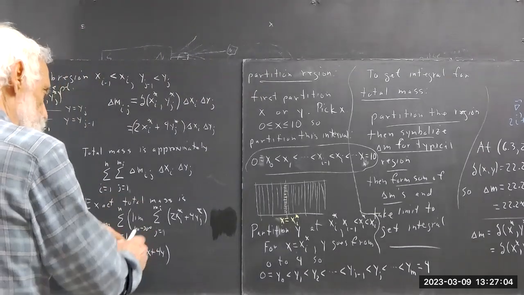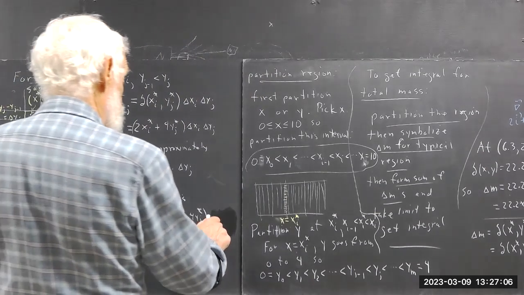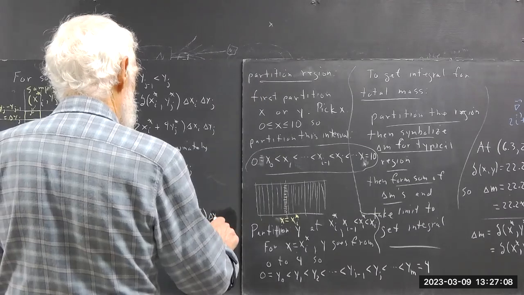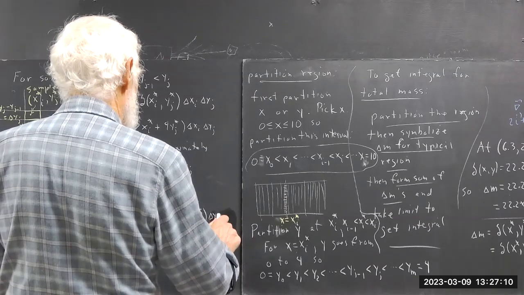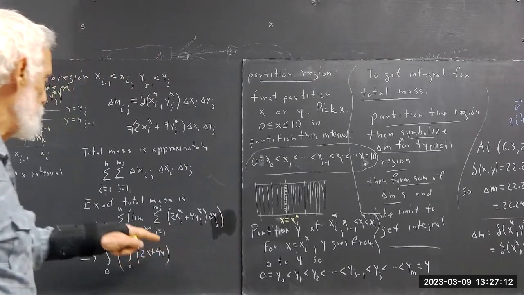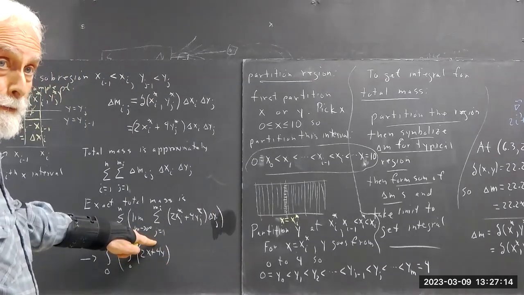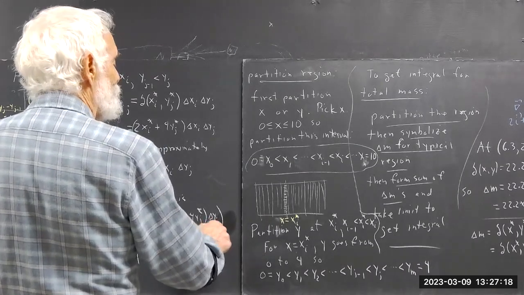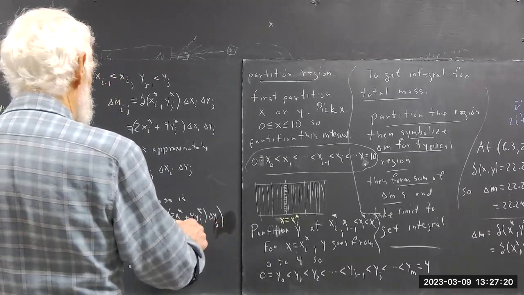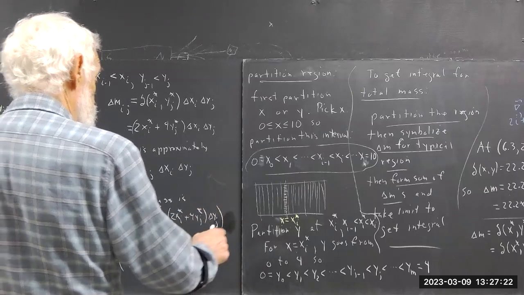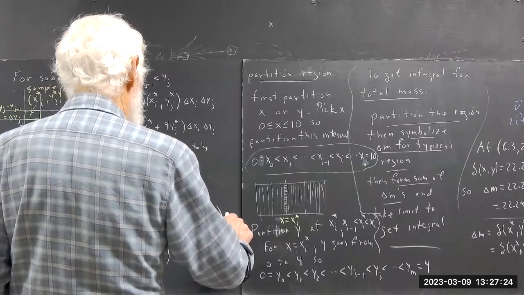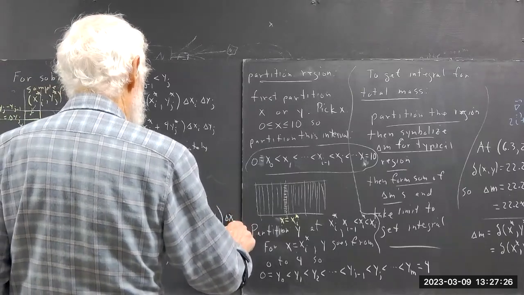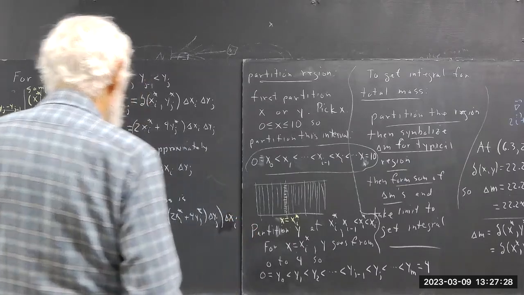This inner sum is a sum over J, right? So we probably want to write that Y increment as delta Yj within this expression here, and then delta Xi here.